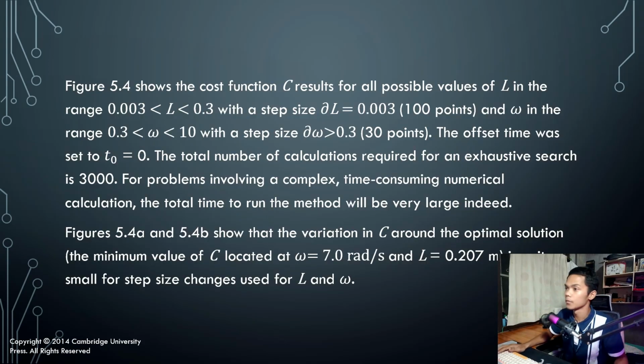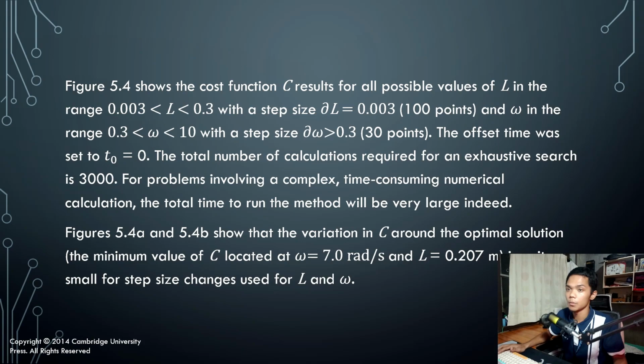Now, figure 5.4 shows the cost function C results for all possible values of L in the range 0.003 < L < 0.3, with a step size of delta L equal to 0.003, which is 100 points, and omega in the range 0.3 < omega < 10, with a step size of delta omega, which is 30 points.